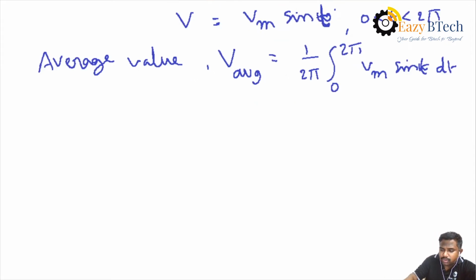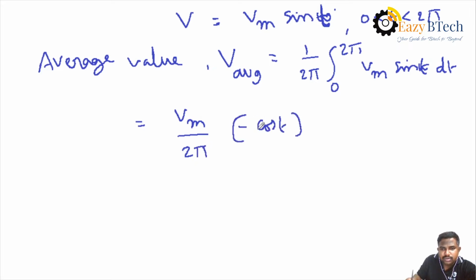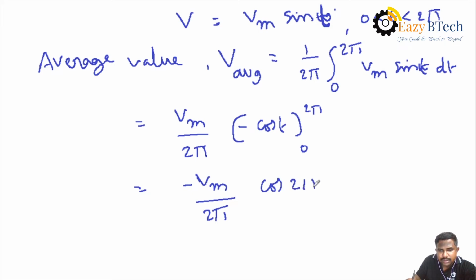Then you have to find the integration of the sine. Vm is constant, so take it outside: Vm by 2 pi. The integration of sin theta, we know, is minus cos theta, with limits 0 to 2 pi. The minus is taken outside: minus Vm by 2 pi, then apply the limits, cos 2 pi minus cos 0.